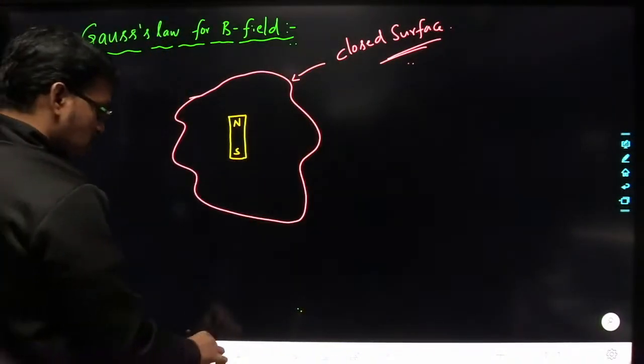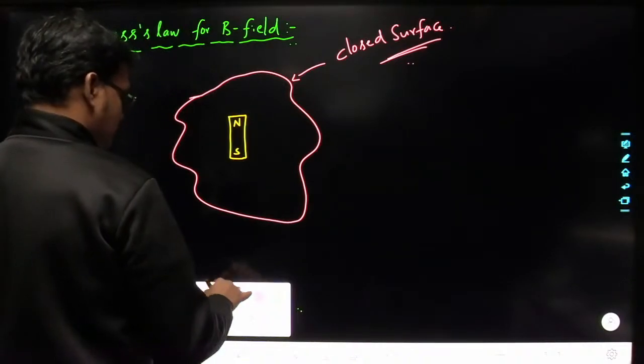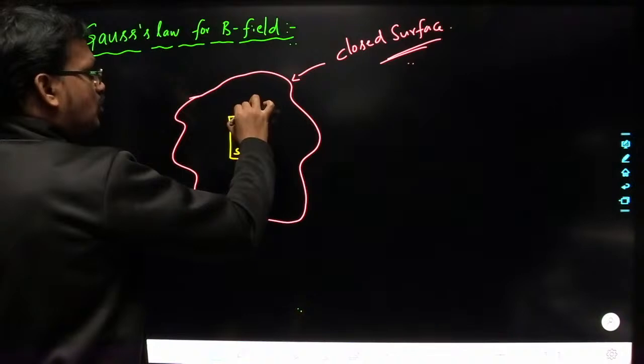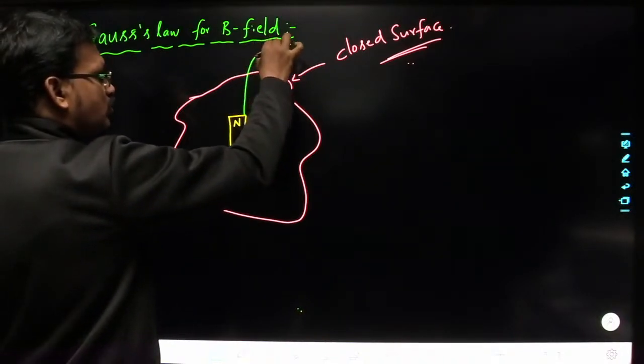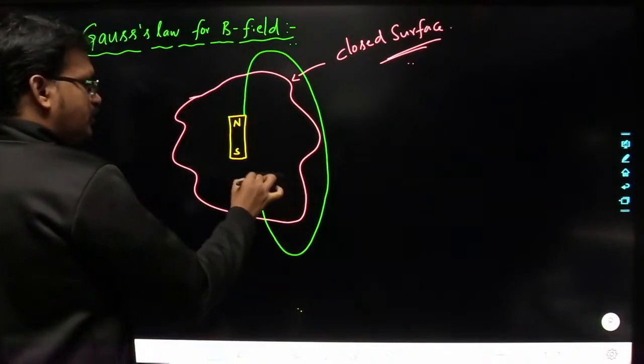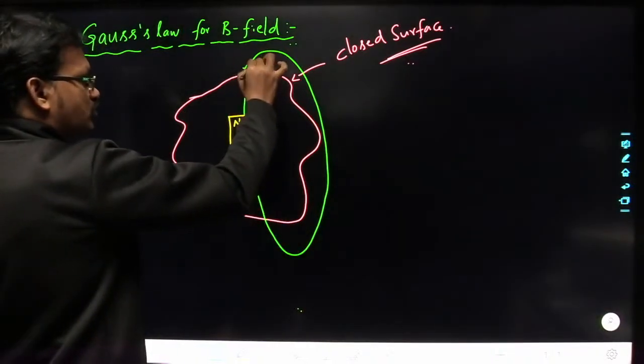Understood? Okay. So now we know that the magnetic field lines are going to leave the north pole, they are going to move away from the north pole, and they are going to enter at the south pole. Yes or no?